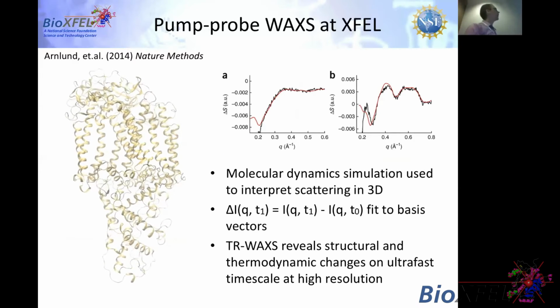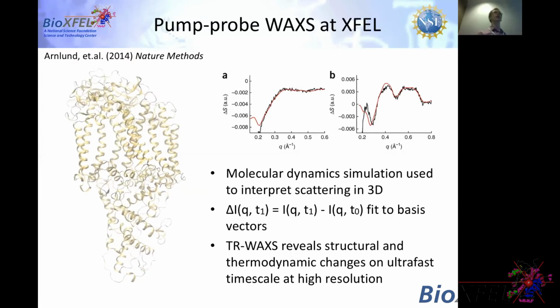The way they did this is they used molecular dynamics simulations. They had a very high resolution known structure of this protein, which is the photoreactive center from Bacillus viridis. And they were able to fit the different frames of that trajectory to the WAXS profile.